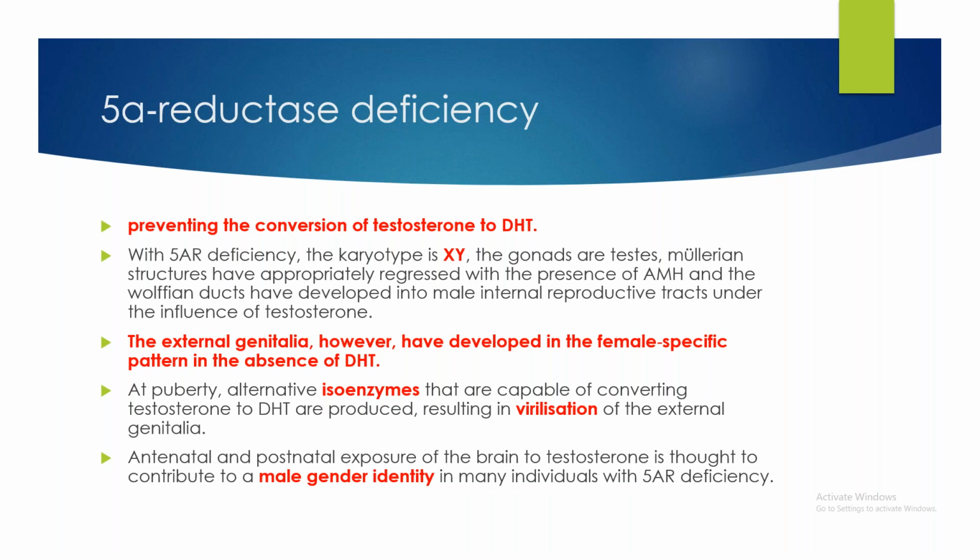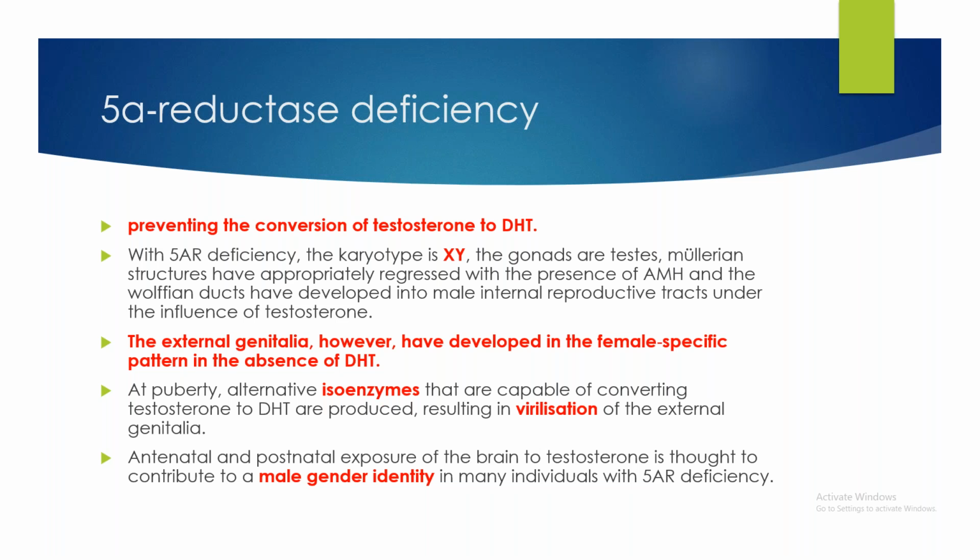Now another one is 5 alpha reductase deficiency. 5 alpha reductase is necessary for conversion of testosterone to dihydrotestosterone. So DHT will not get formed, but still the karyotype will be XY, gonads will be testes, Mullerian structures will not be there, and Wolffian structures, the male internal genitalia, will be there, but because of the absence of DHT, external genitalia are female.